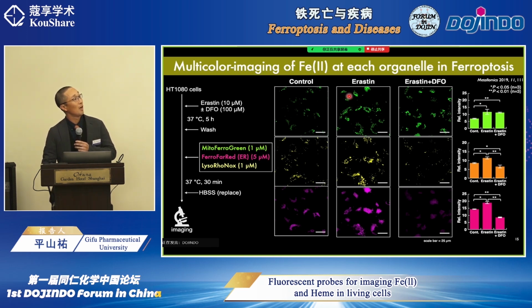So we concluded that this fluorescence increase was independent of the labile iron status. But in contrast, the lysosome and ER fluorescence signal was completely suppressed in the presence of DFO. So the lysosome and ER labile iron concentration must be upregulated upon the addition of erastin.